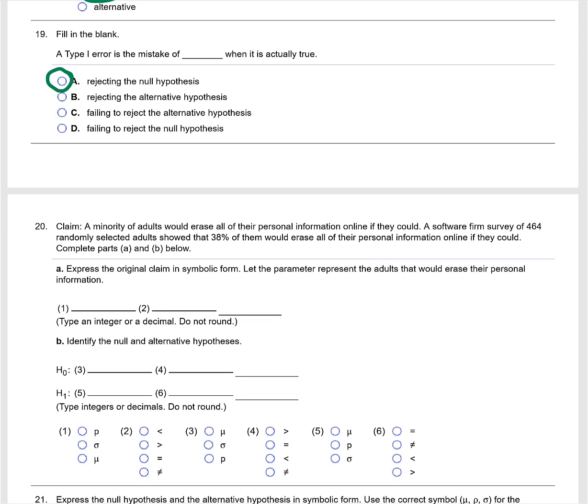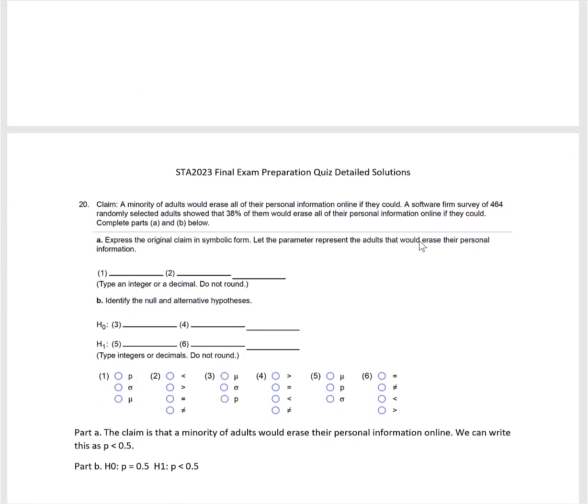Okay, number 20 has a lot of pieces, so I'm going to do this one over here. The claim is a minority of adults would erase all of their personal information online if they could. A software firm survey of 464 randomly selected adults showed that 38% of them would erase all of their personal information online if they could. Express the original claim in symbolic form, and then let the parameter represent the adults who would erase their personal information.